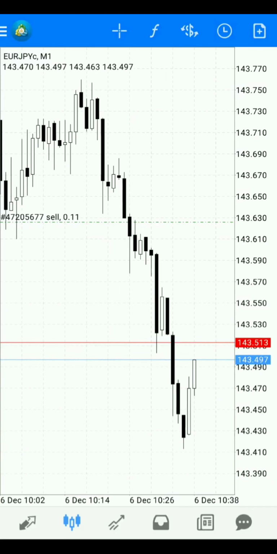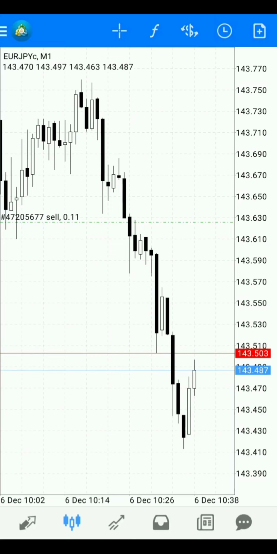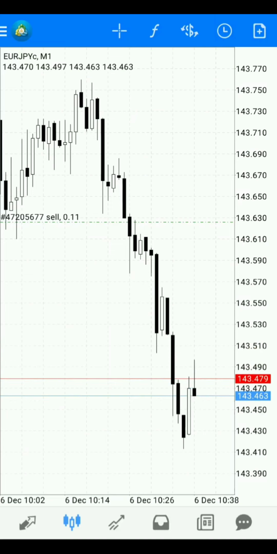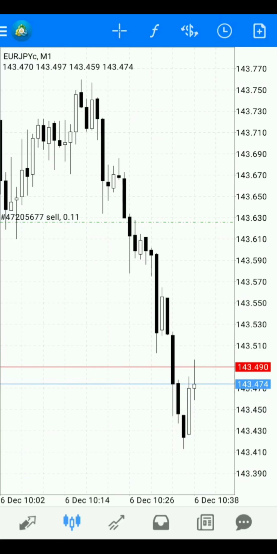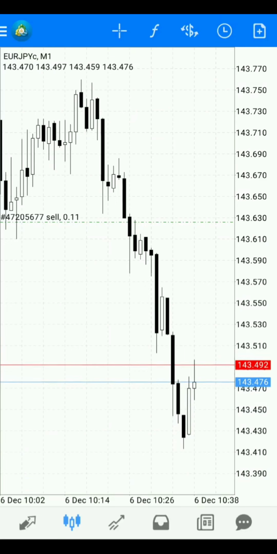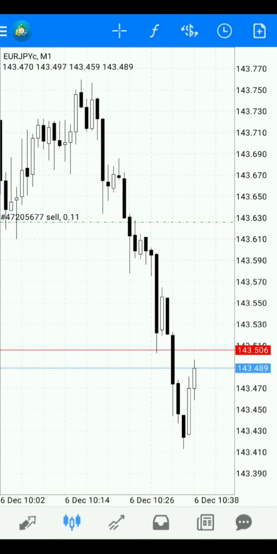I want to see price go down. When a candle closes out of this range, I do not want to see another candle go above that. I want to see price directly go back into the range. I hope it's clear. If it's not clear, let me know in the comment section. It's very simple, and you're going to understand it.